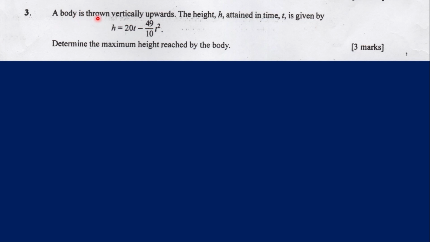A body is thrown vertically upwards. The height h attained in time t is given by h is equal to 20t minus 49 over 10 t squared. Determine the maximum height reached by the body. We have h is equal to 20t minus 49 over 10 t squared.